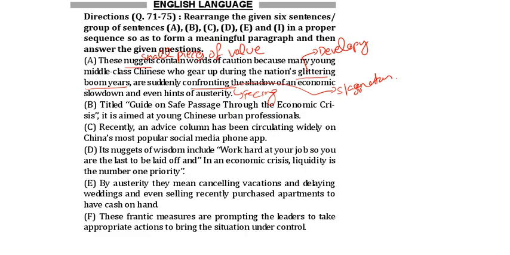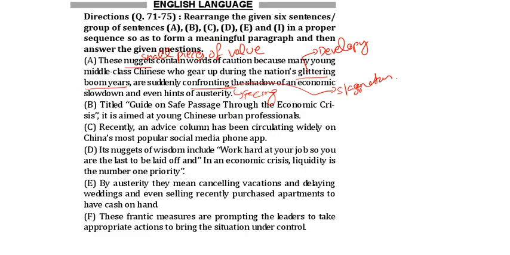Titled Guide on Safe Passage Through Economic Crisis, is aimed at young Chinese urban professionals. Recently, an advice column has been circulating widely on China's most popular social media phone app. Its nuggets of wisdom include: work hard at your job so you are the last to be laid off.